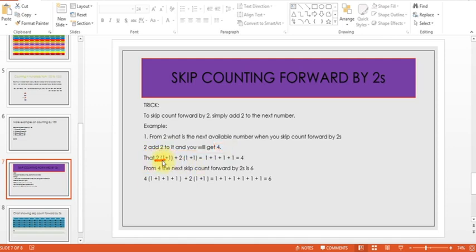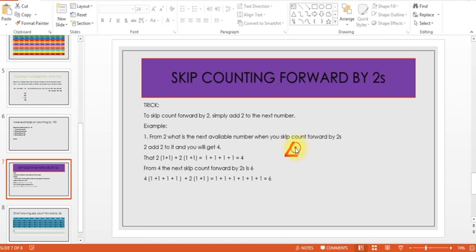2, you expand to 1 plus 1, another 1 plus 1, then 1, 1, 1, and 1. What are you going to get? 4. Are you getting it? Now from 4, if you are going to count forward by 2s, what are you going to get?